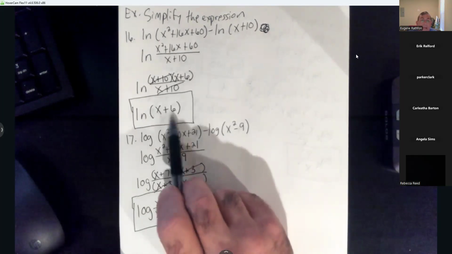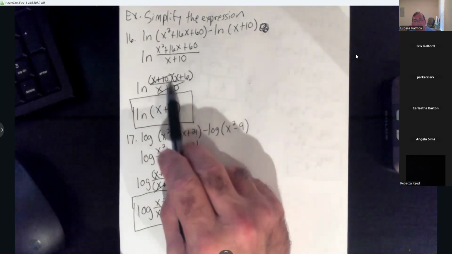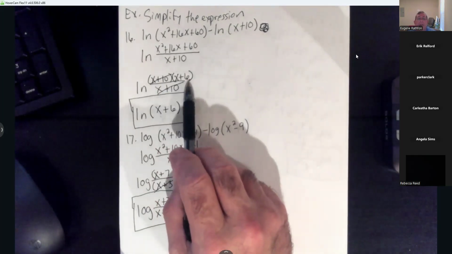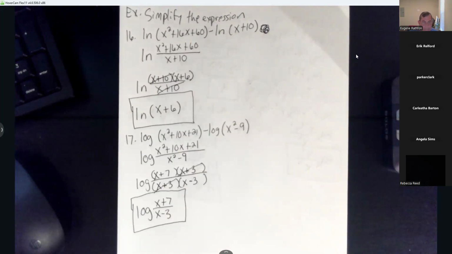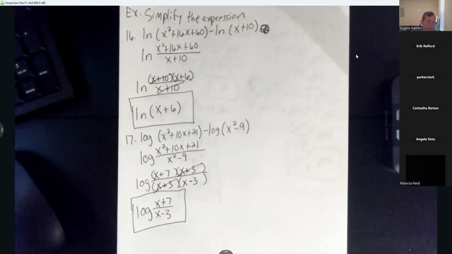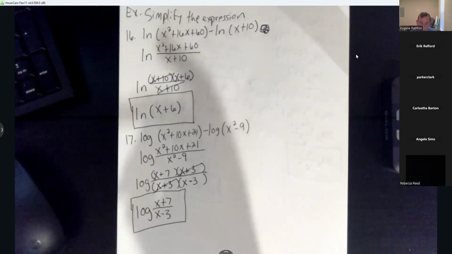But up here, the reason I needed them was because my fraction canceled out and I was only left with that one factor. So I had to keep that in parentheses, okay? All right, y'all, that is 9.5 college algebra.